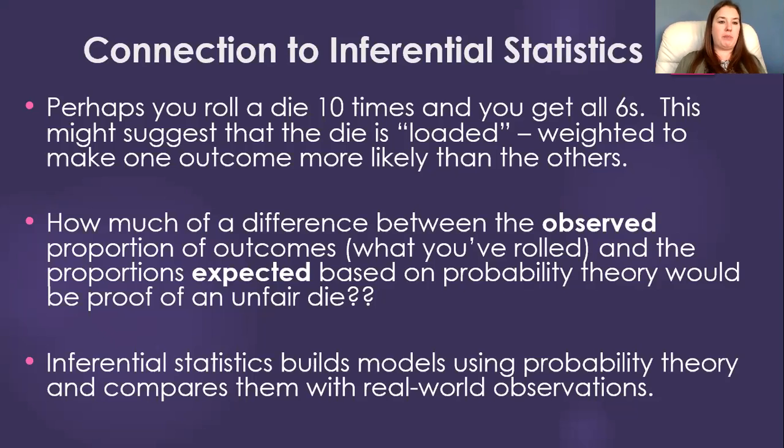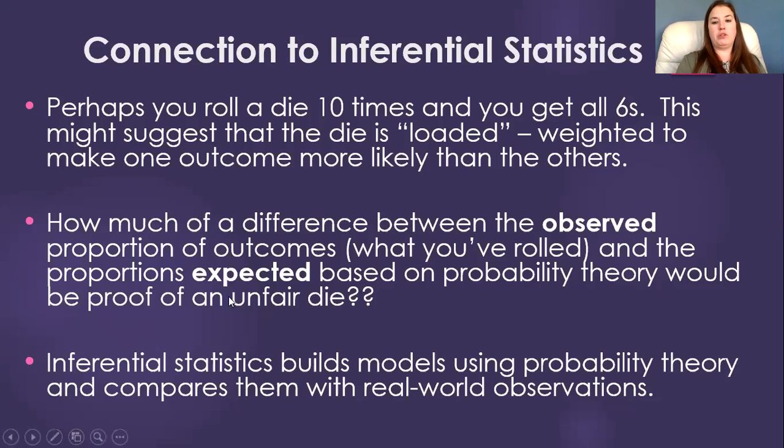So the first example I have here is perhaps you roll a die 10 times and you get 10 sixes in a row. This might suggest that there's actually something wrong with the die because that's so rare, right? The chance of rolling 10 sixes in a row is tiny, so perhaps the independent variable is that there's something wrong with the die, that it's loaded, that it's weighted to make one outcome more likely than the other.